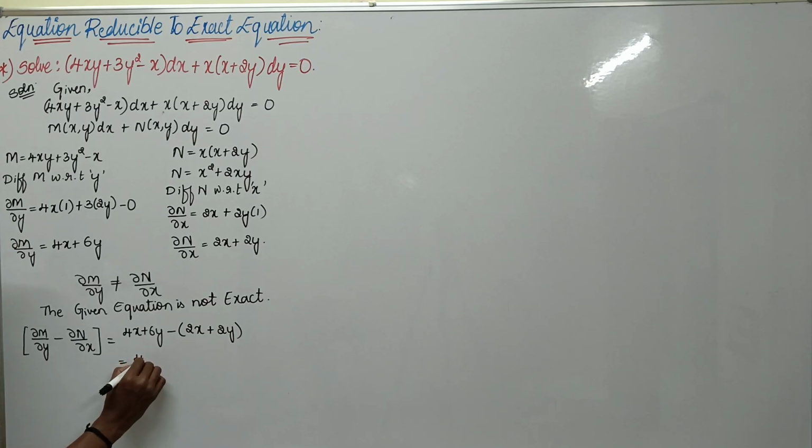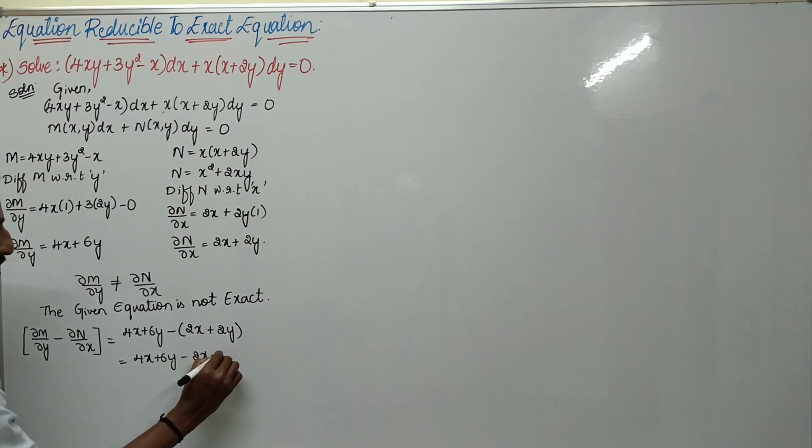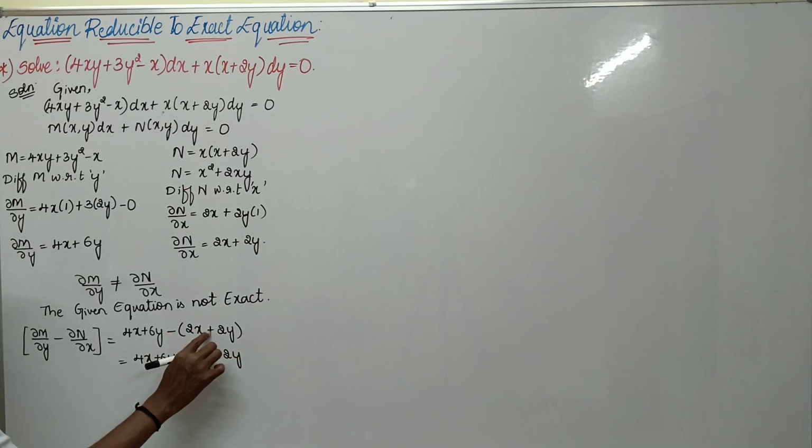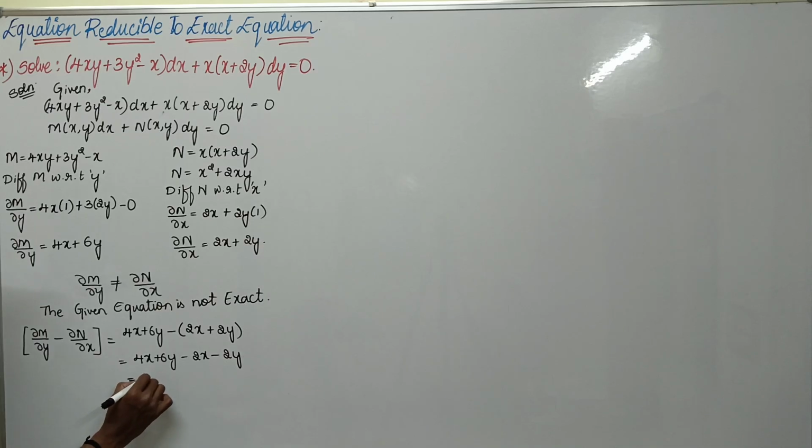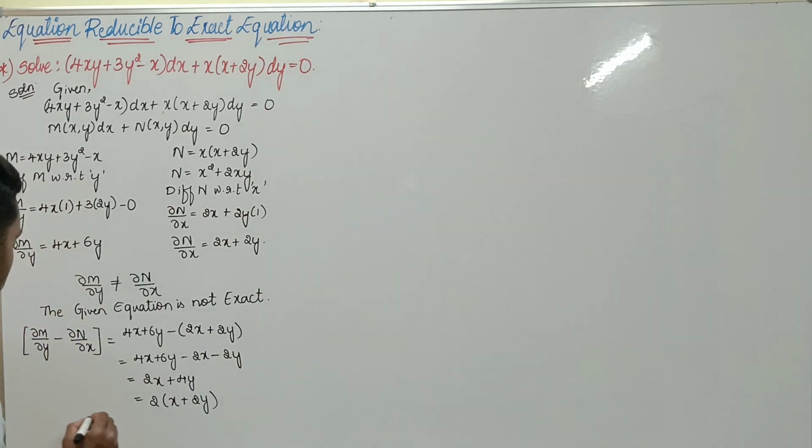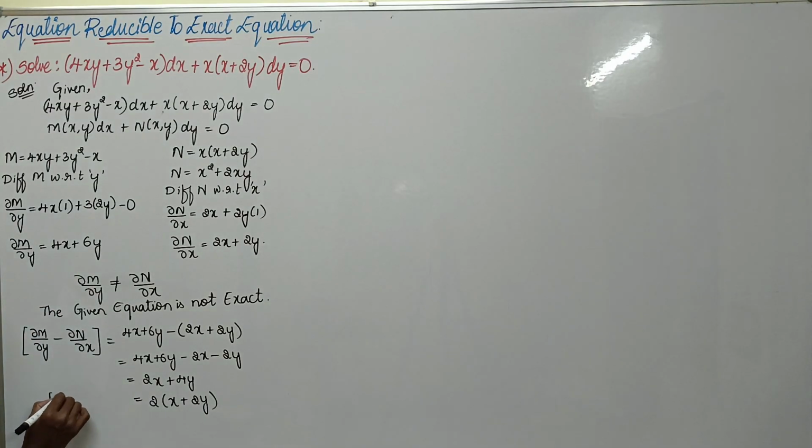What do you get? 4x + 6y - 2x - 2y. How? Minus into plus is minus. You get 2x + 4y, where if you take 2 as common, x + 2y. So ∂M/∂y minus ∂N/∂x equals 2(x + 2y).